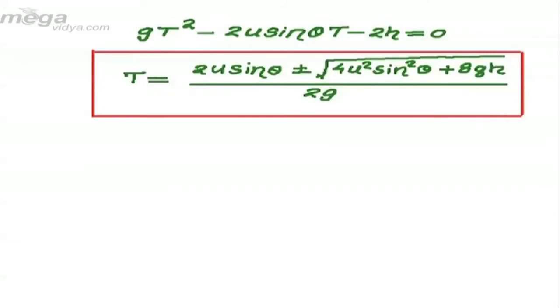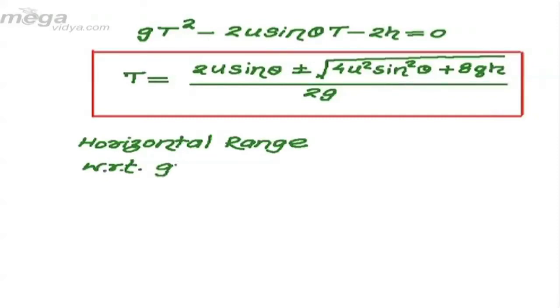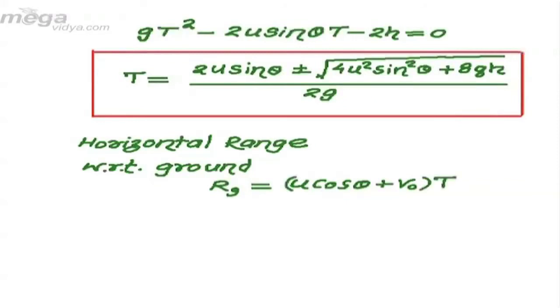Now, once we get the time of flight for the projectile, we can easily find other things like the horizontal range. Horizontal range with respect to the ground can be obtained using (u cos theta plus v naught) into the time of flight.